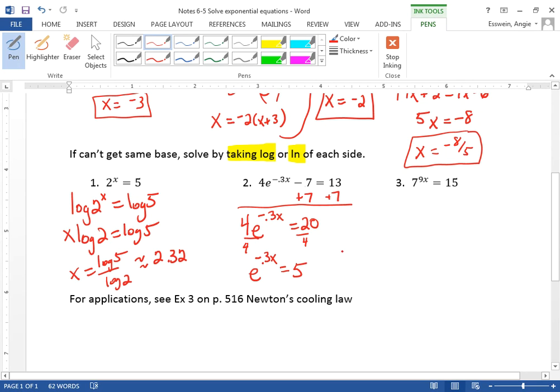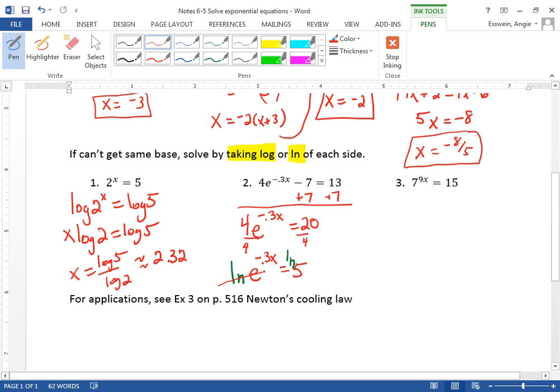And this is not a problem because we're not going to get them the same base. So what do we do to each side? Yeah, so then you take ln, natural log, of each side. Now remember the expressions we simplified the other day? What happens when you have natural log and then e raised to a power? They cancel out, that's right.